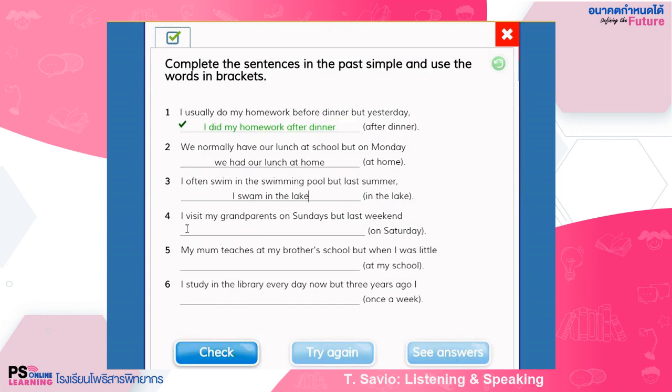Number 4, I visit my grandparents on Sunday, but last weekend I visited my grandparents on Saturday. Trying to keep the meaning the same. My mom teaches at my brother's school, but when I was little, at my school.